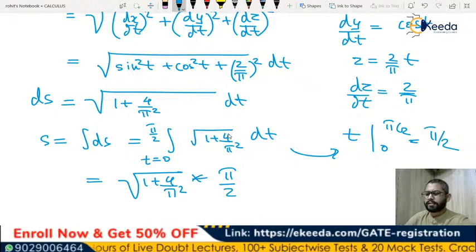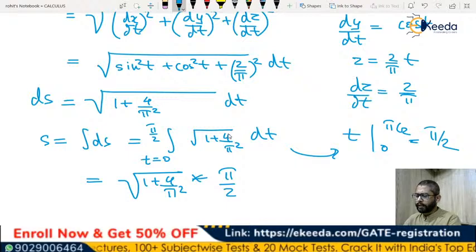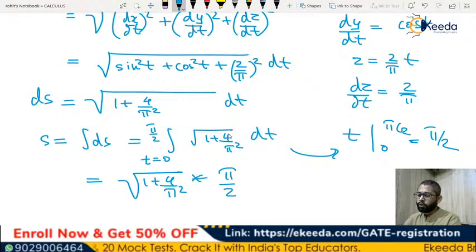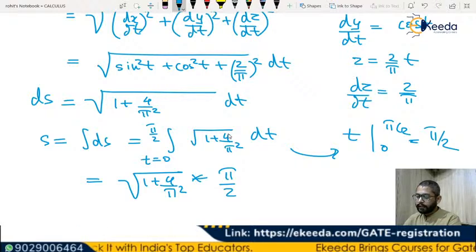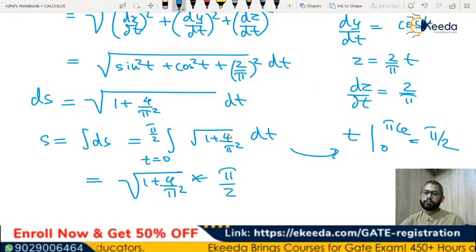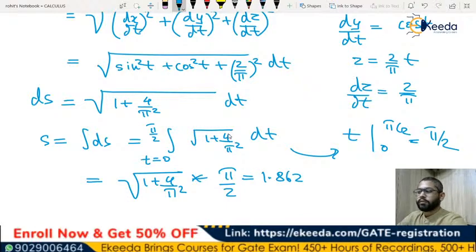So just use your calculators. 4 by pi square is 0.405 and plus 1, under root of it is 1.185 into pi divided by 2 is 1.862. So this is 1.862.